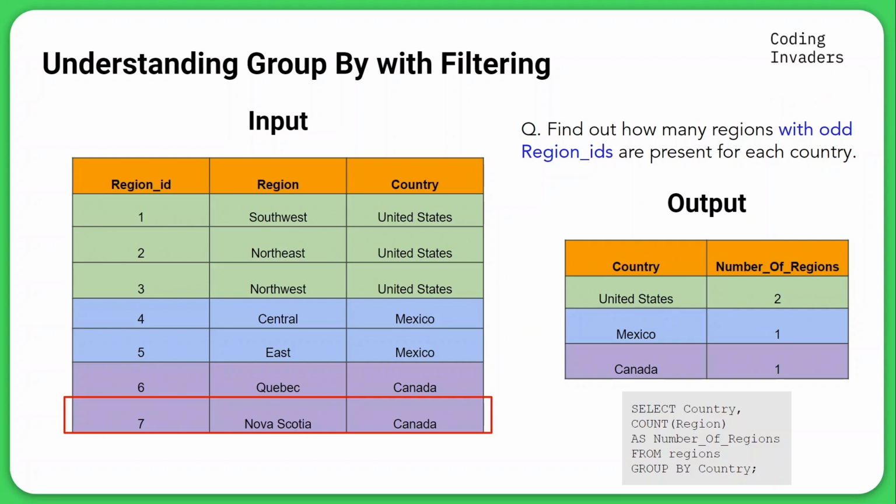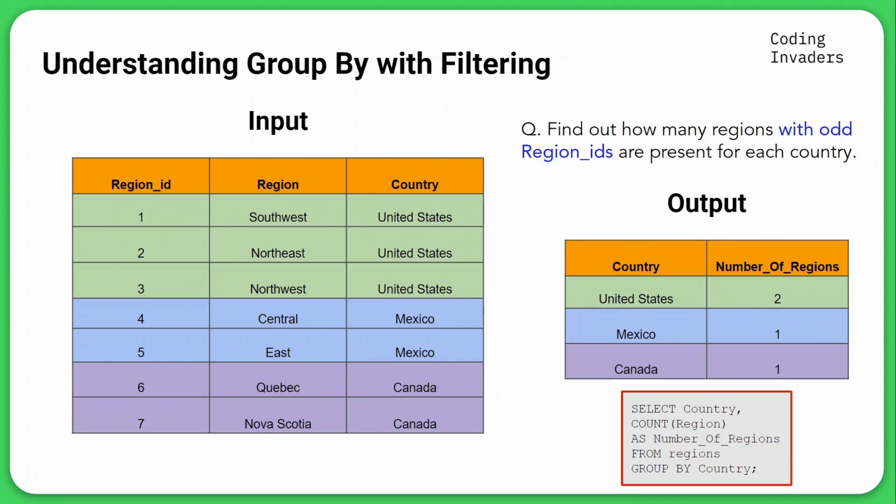Great, awesome work. Now that we saw the output, 2, 1, 1, let's update this SQL also, as it needs to be modified as per the problem. According to the task, we need to filter based on the condition that region IDs have to be odd. And we established already that this condition needs to be applied before the grouping is done by country.